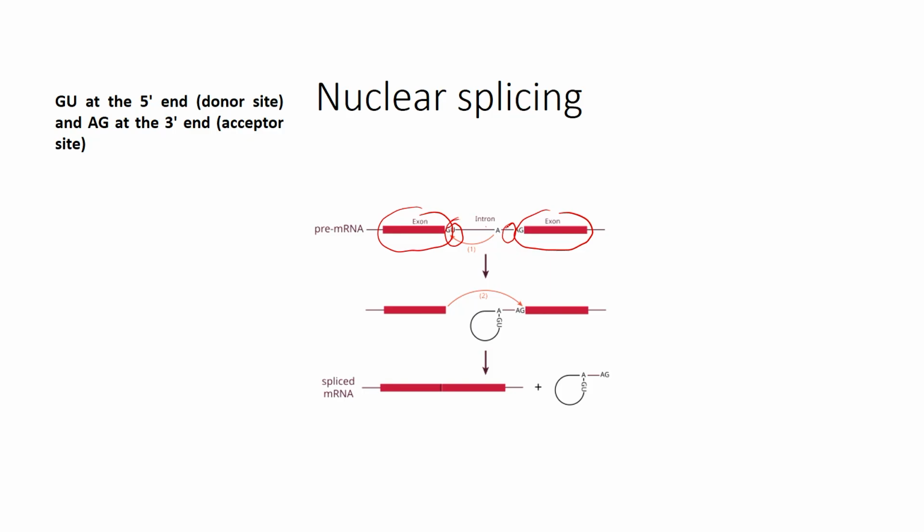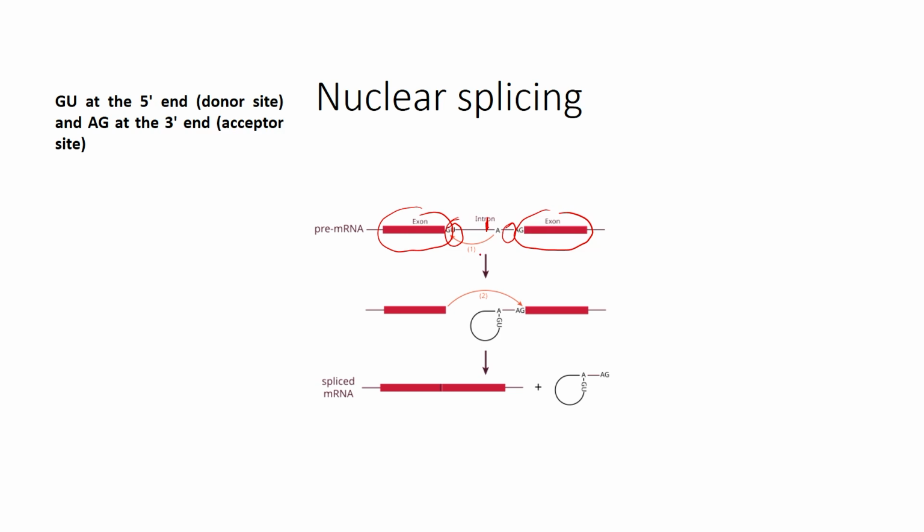This is the 3' splice site or acceptor. In between this, there is an A, and the 2' OH of this A will have the nucleophilic attack with this.